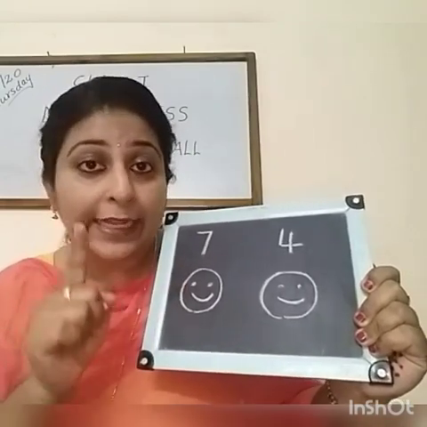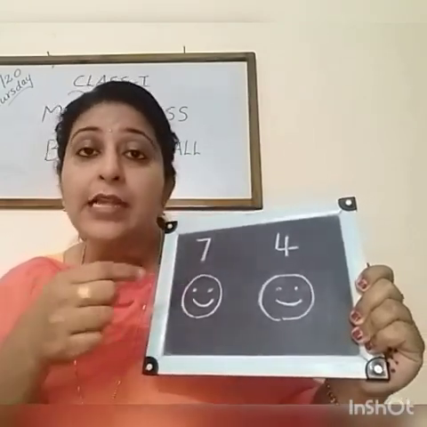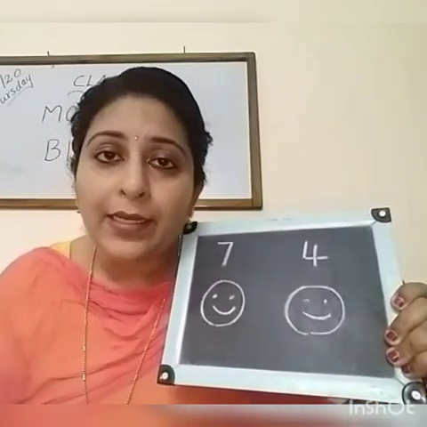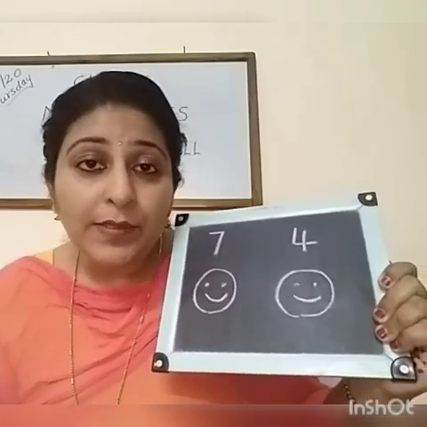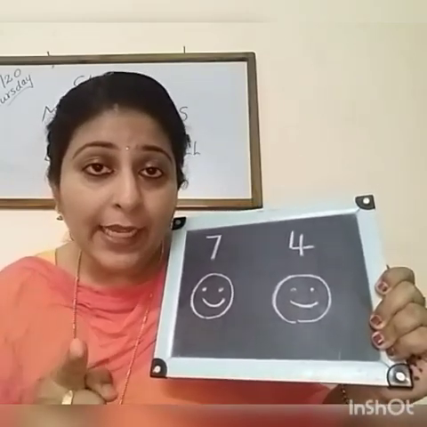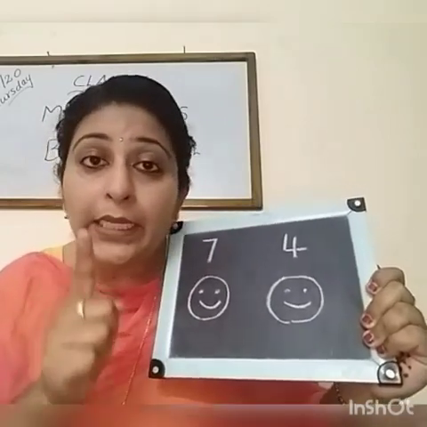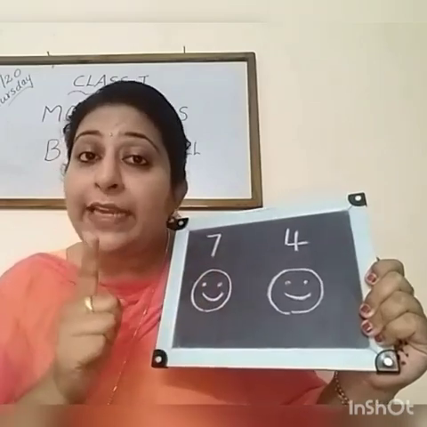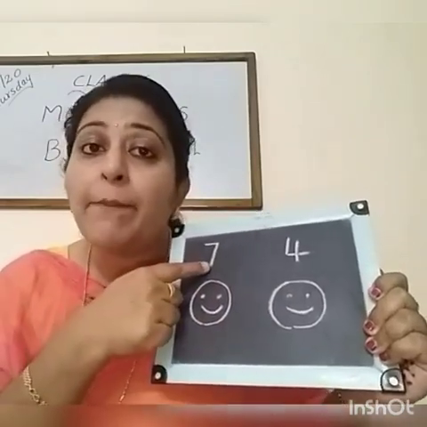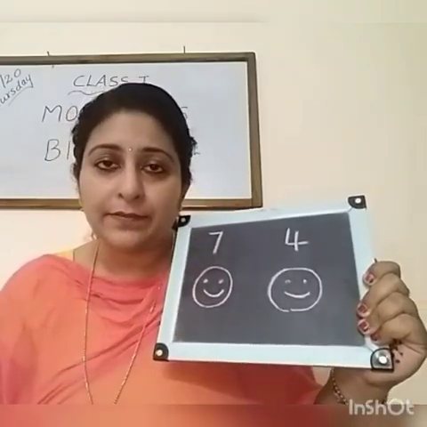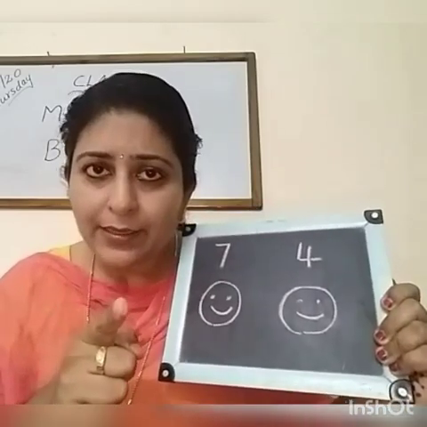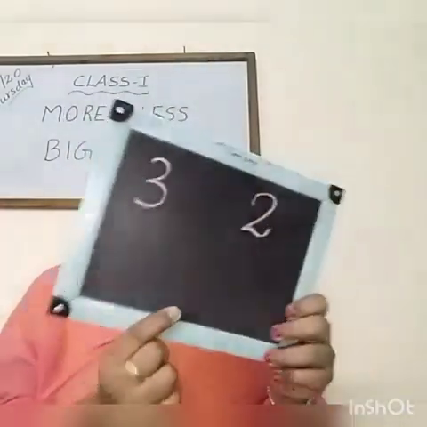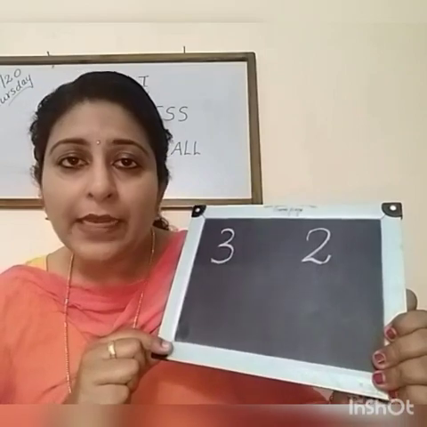Yes, so we can say 7 is a big number. Once more you say, children, we can say 7 is a big number. When we compare 7 and 4, we can say 7 is a big number. Did you get, children? Yes, one more example is here.